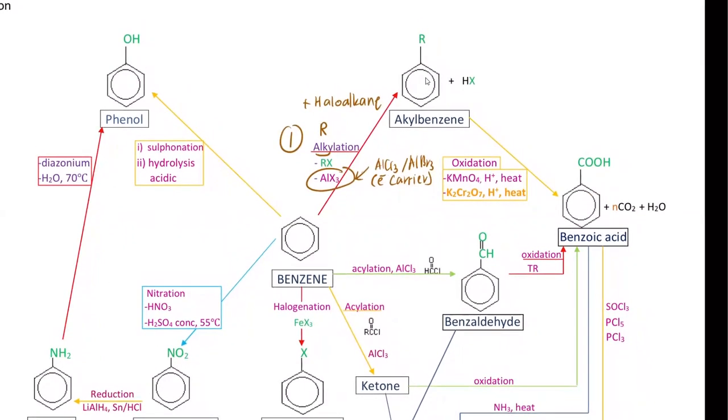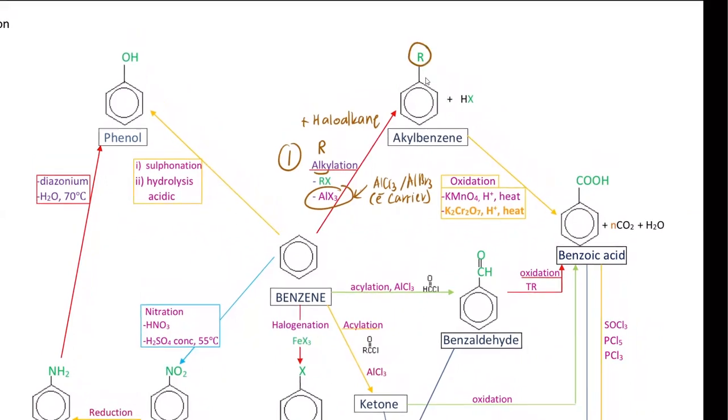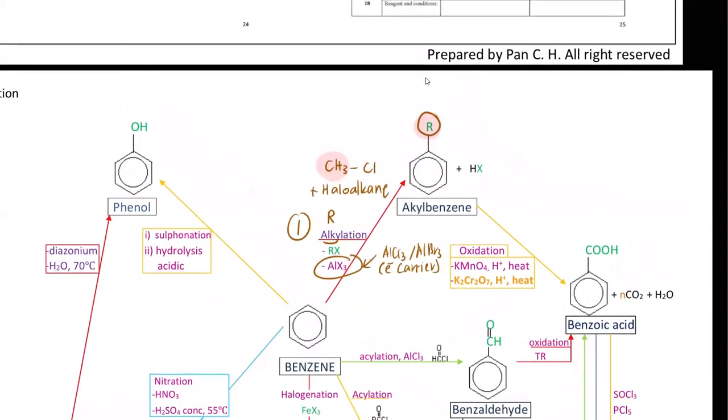So from benzene you form alkyl benzene. Alkyl benzene is the substitution of an R group here. For example, you have CH3Cl, and then this Cl will be substituted here. So the reaction favored by benzene is electrophilic substitution.